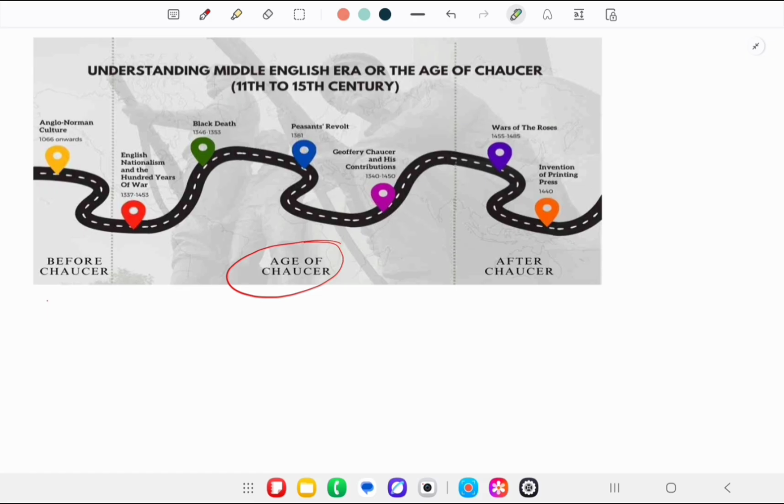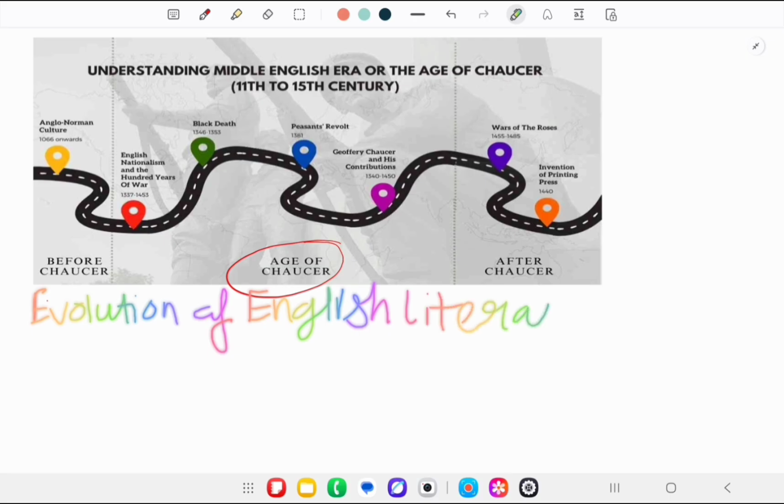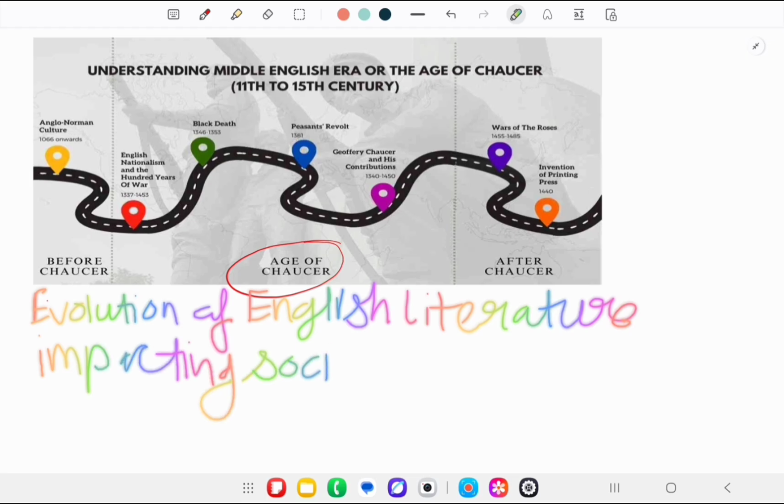It's a fascinating era that deeply represents the evolution of English literature through multi-faceted aspects that were impacting society at that time.